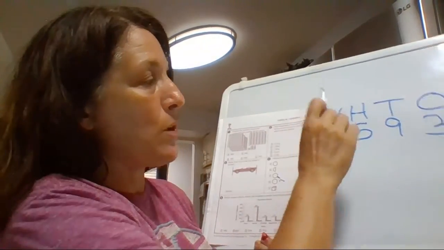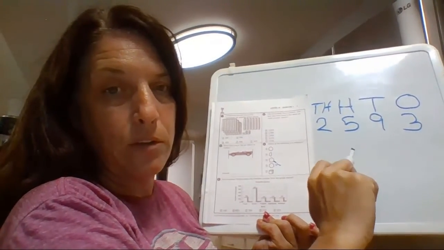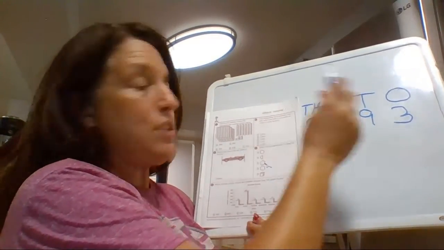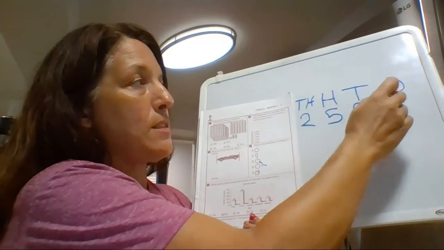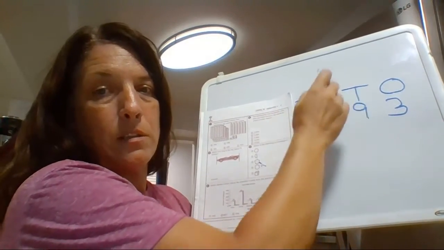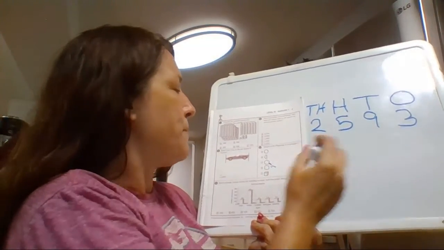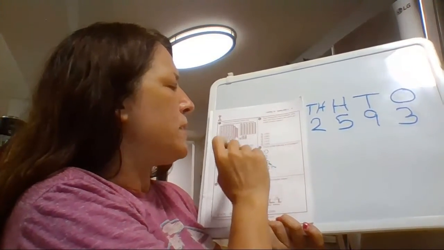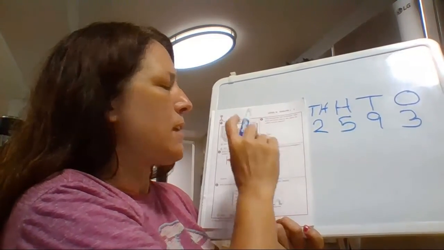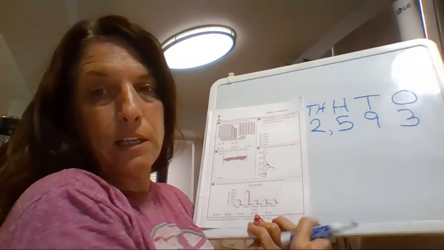This is just telling you what goes in each place value's place to see if you can figure out what number it is. So the trick to this one is you have to know your place value spots. See, 1s, 10s, 100s, thousands. So you just have to find this number now, which is B, 2,000s, 500s, 9 10s, and 3 1s. This number is 2,593.